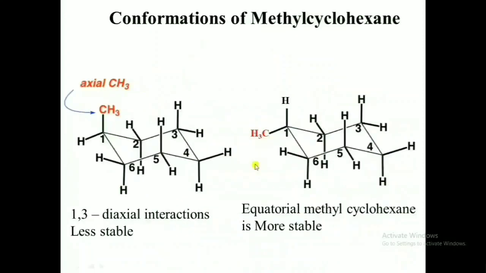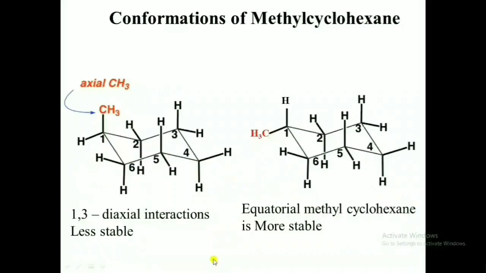Okay. So we will see the conformations of methyl cyclohexane. Methyl cyclohexane is what you get if you substitute one of the hydrogen atoms in cyclohexane with a methyl group. So here the question is how the methyl group will bond to the carbon atom.